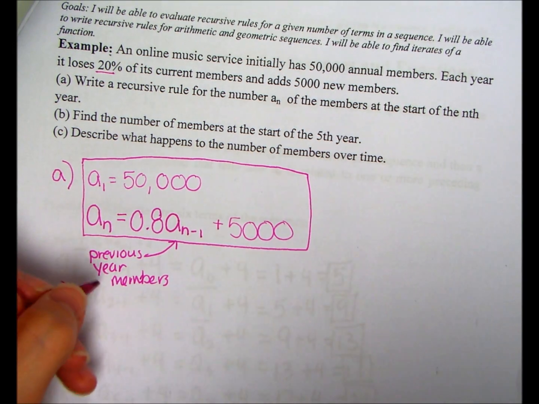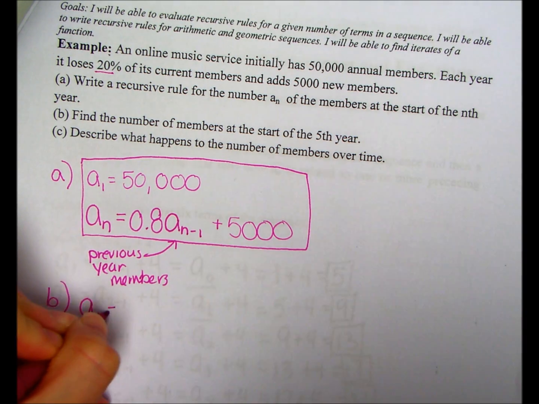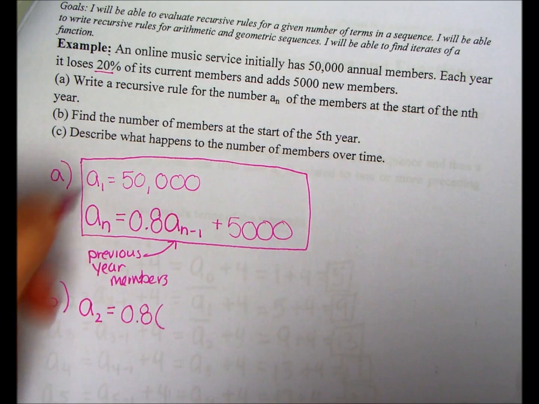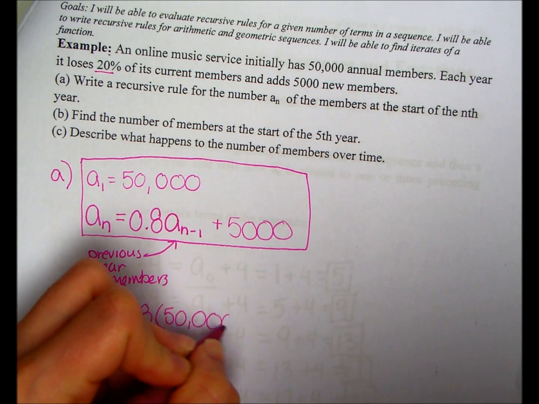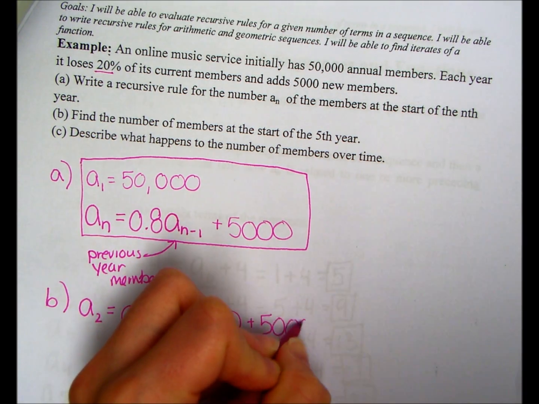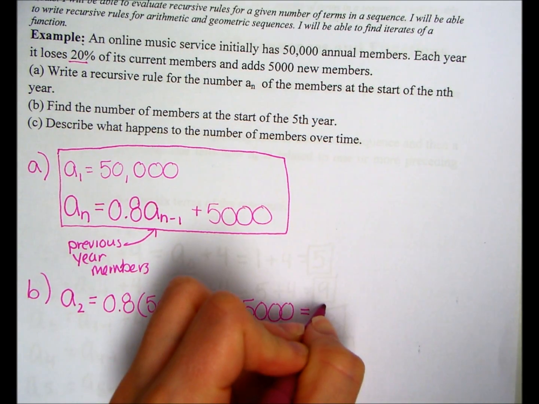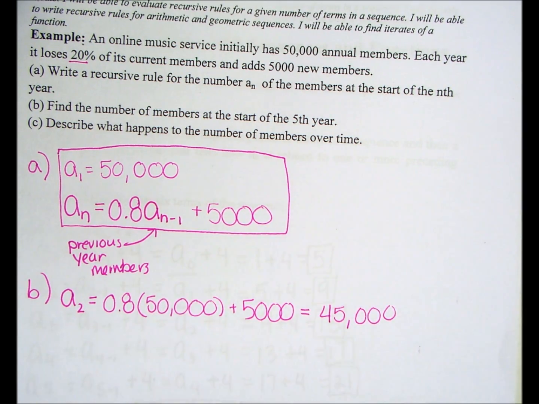So if I want to find A2, my second year, I'm going to do 80% of 50,000, my previous year term, and I'm going to add that to 5,000. Well, when I do that, we can plug that in our calculator, I get 45,000 members in my second year.